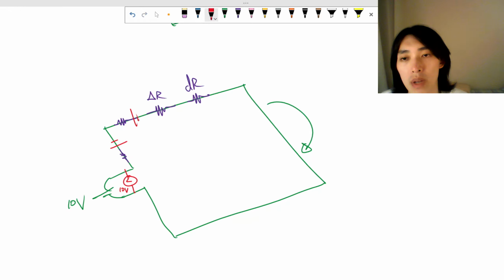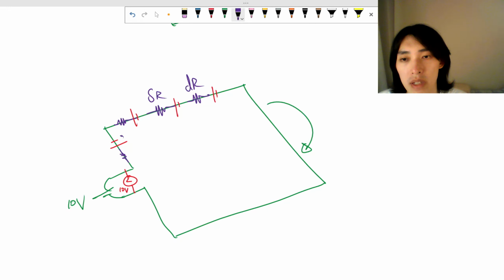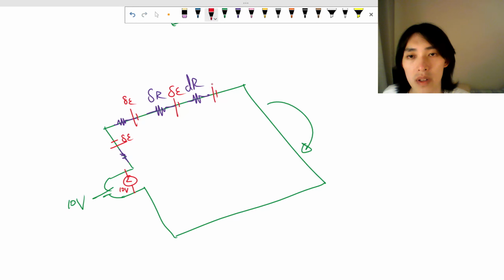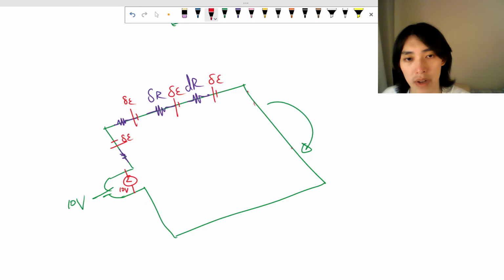So I'm going to have a few of these, and this will generate some kind of delta epsilon. Maybe I'll do it in red. And that continues around the entire side.